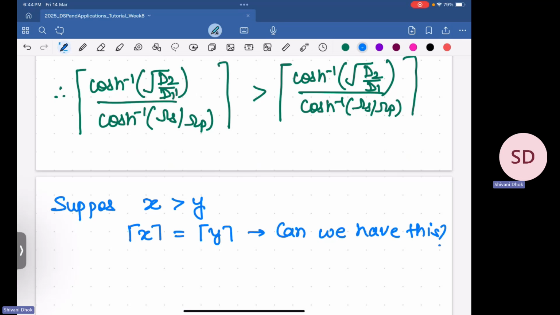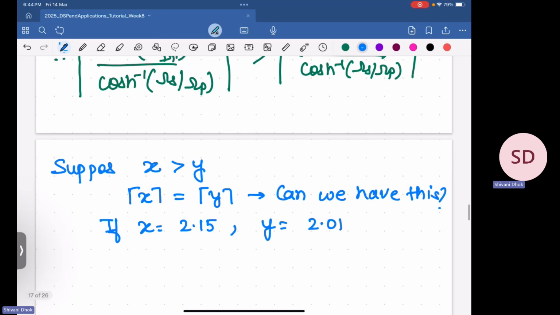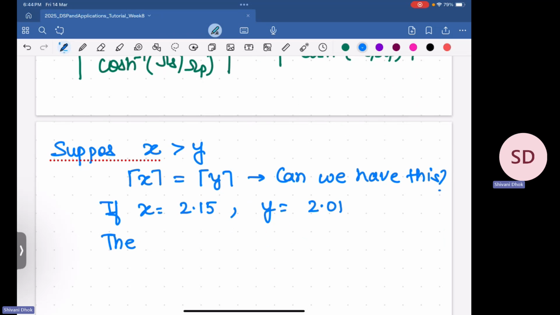Let's take a simple example. So if x is, let's say, 2.15 and y is 2.01, then ceil of x is 3 and ceil of y is also 3. So if x and y lie between two same integers, then their ceil may be equal.